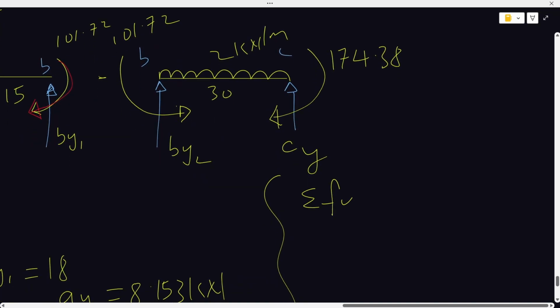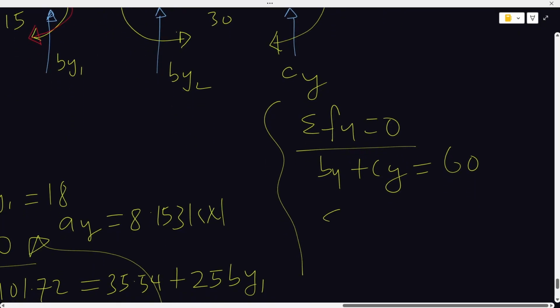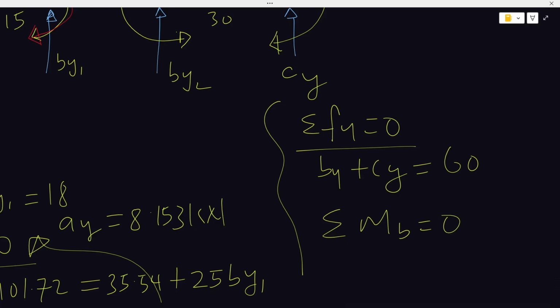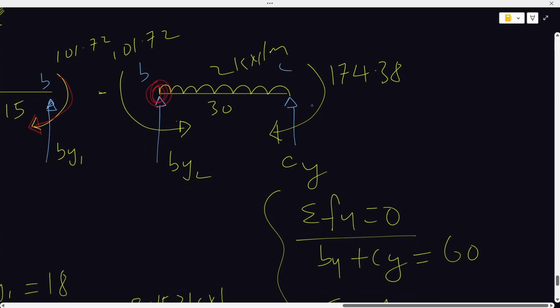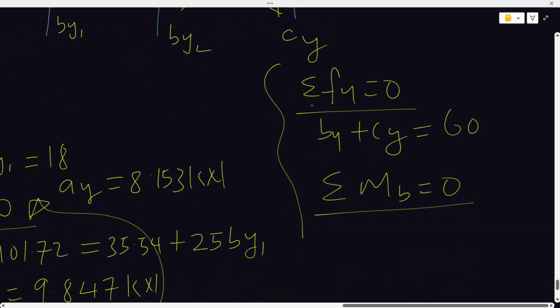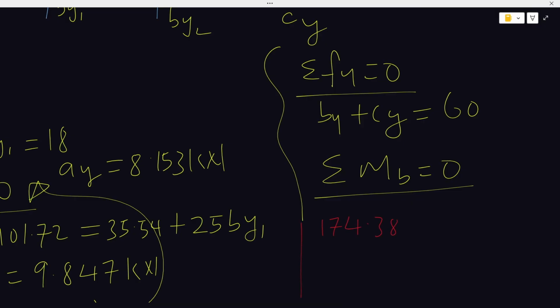Doing the same thing for member BC, summation Fy is equal to 0. So I have By plus Cy equals 60, because 2 times 30 is 60. Then summation MB is equal to 0. This is B, a ball. So what will rotate it clockwise? 174.38 and the 2 will rotate it clockwise, so they are on the same side. 174.38 is a moment already, no need to multiply it.